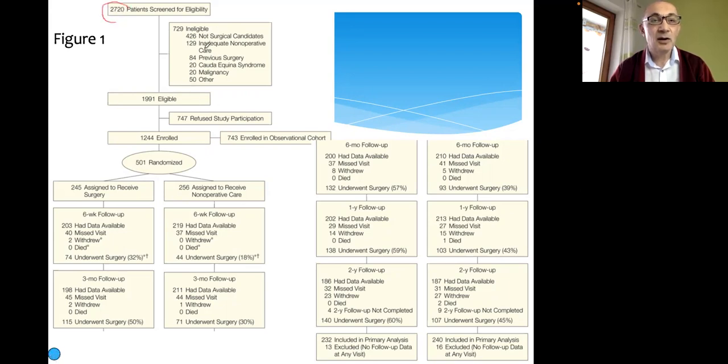Then which they excluded and why, and how many people they randomized here, 501, and the number of people in each follow-up point, 6 weeks, 3 months, 6 months, etc., remaining in the analysis until the end of the study.